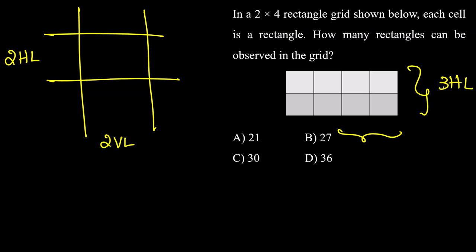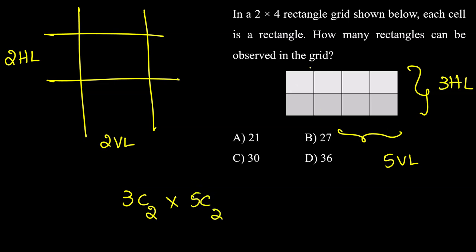How many vertical lines? Five vertical lines. For one rectangle, how many required? Two. Among three horizontal lines, take only two and intersect. See, with only horizontal lines, rectangle cannot be formed. With only vertical, I cannot form intersecting and two horizontal and two vertical lines. Among vertical 5, I have to select 2.